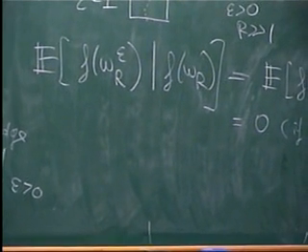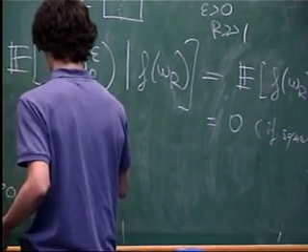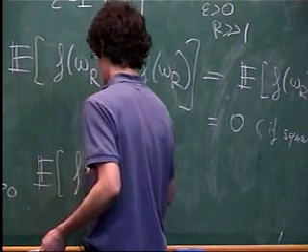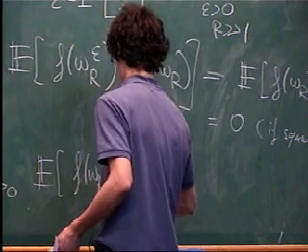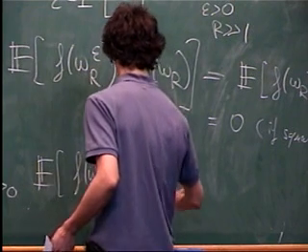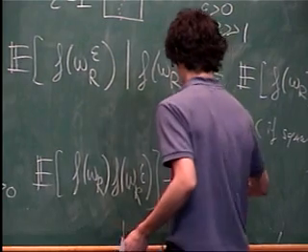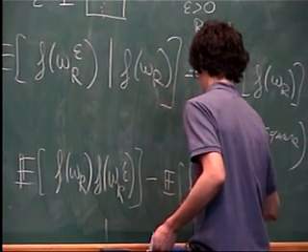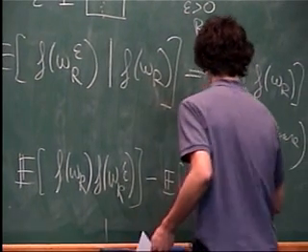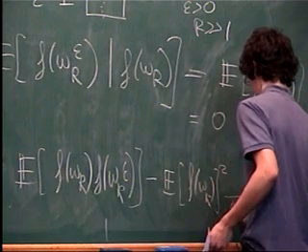Another way to write it, which we will use, is that the expected value, just write it as a correlation, minus this. This converges to 0 when R goes to infinity.